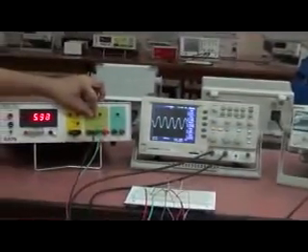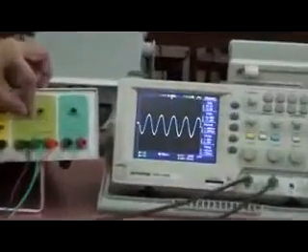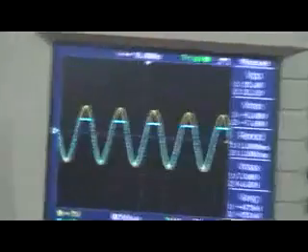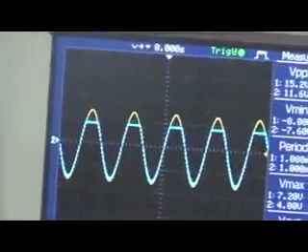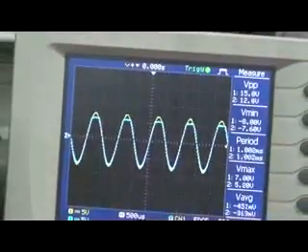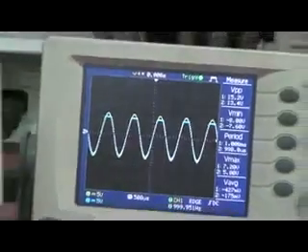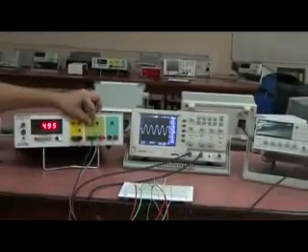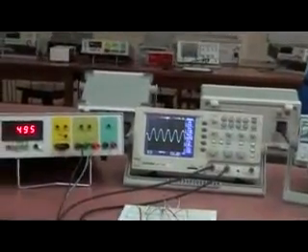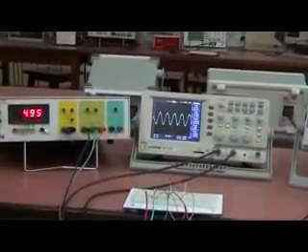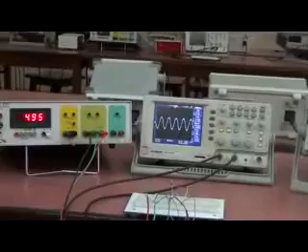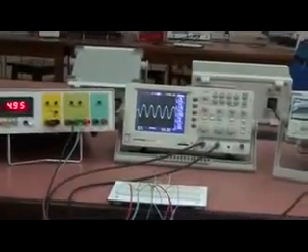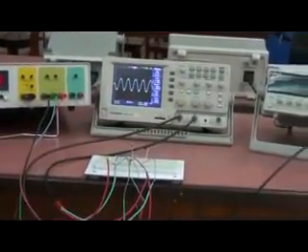And on decreasing the power supply, that is VB, we can increase the clipping for the positive part. Now we will see the clipping for the negative part by closing the switch A dash D dash and opening the switch AD.